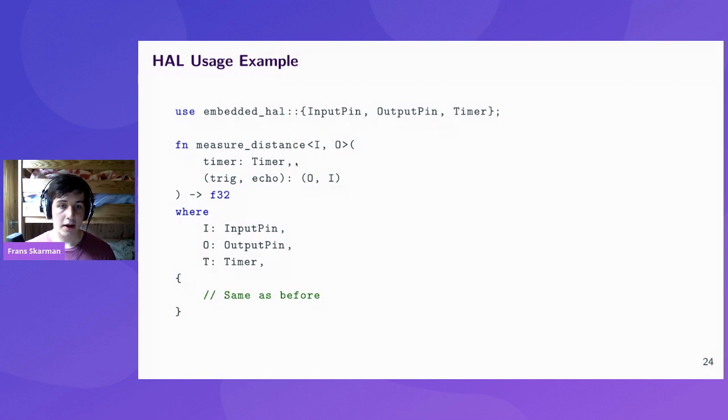And we just replace our concrete output pin with a generic one. And then the code can remain the same as before, because we use the same names of the functions as would be in Embedded HAL. And by doing so, we enable reuse of this ultrasonic distance sensor across the ecosystem.